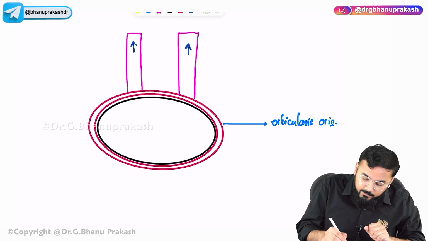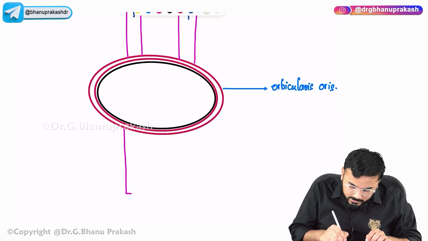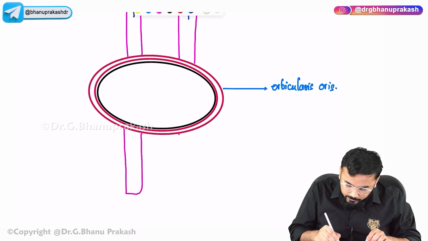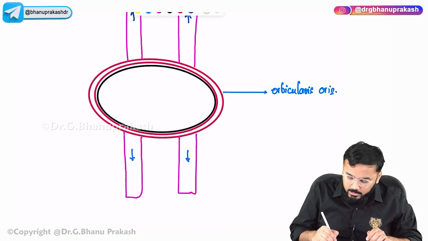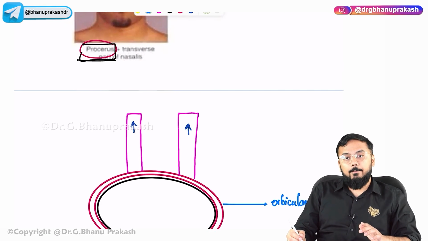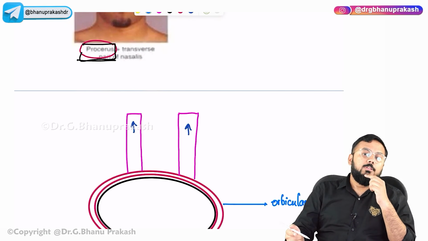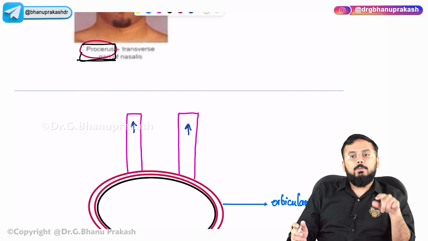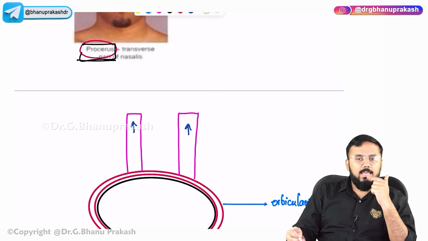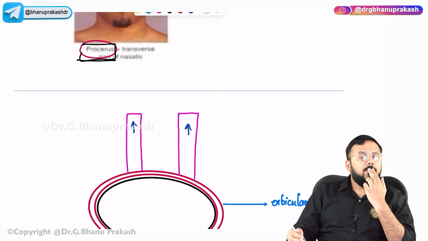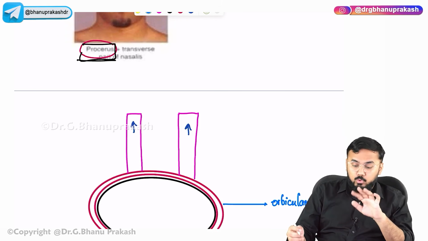In the same way, there are another two muscles attached to the lower lip, so obviously they will go down. When I say upper lip, is it superior labii or inferior labii? Superior labii. If these muscles contract, my upper lip is elevated like this. How is my upper lip getting elevated? It is because of the levator labii superioris muscle.